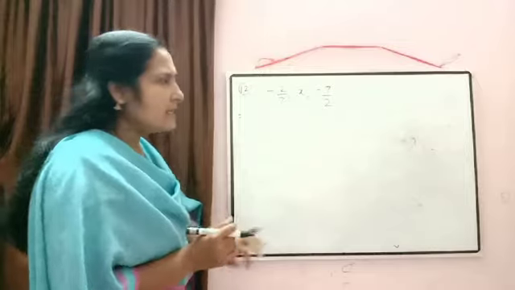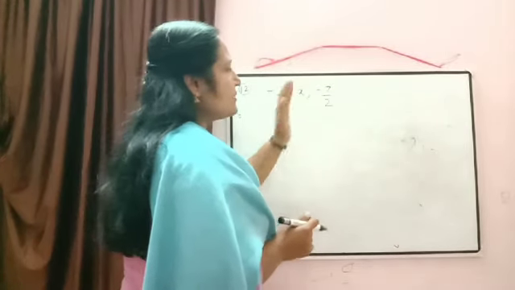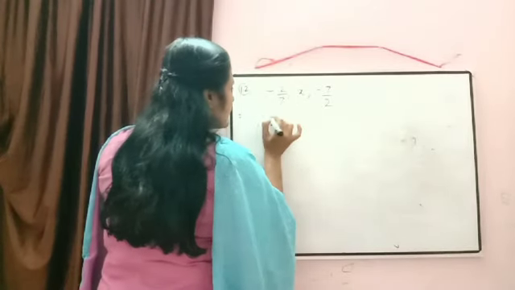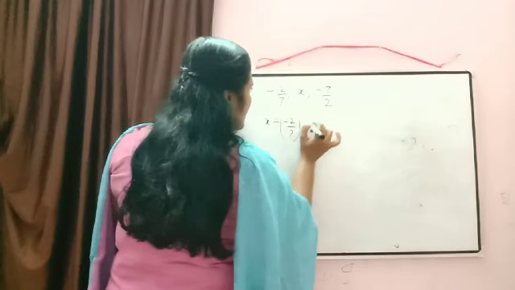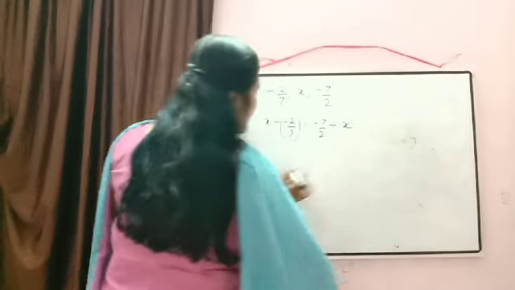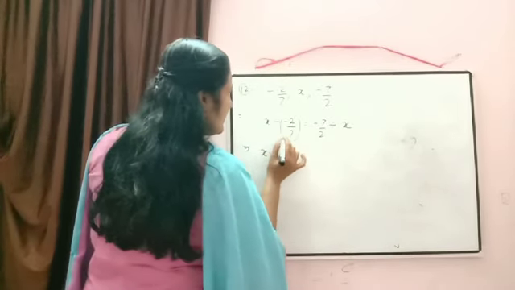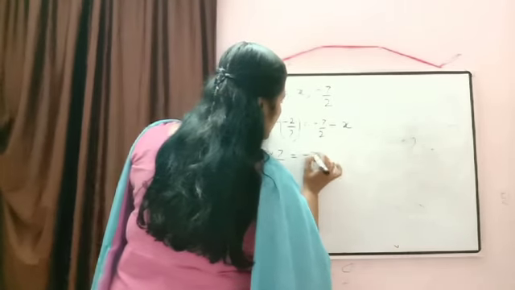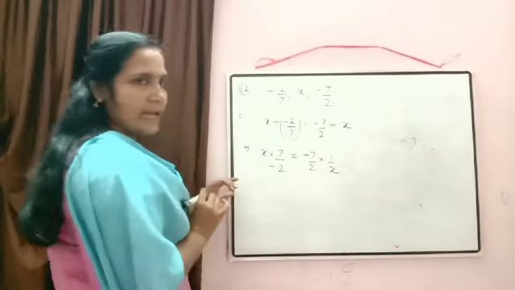We know that if they are in GP, the second term divided by first term should be equal to the third term divided by second term. When we change the division into multiplication, it will be x into 7 by minus 2 is equal to minus 7 by 2 into 1 by x.